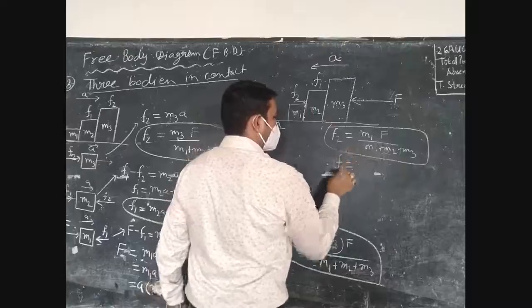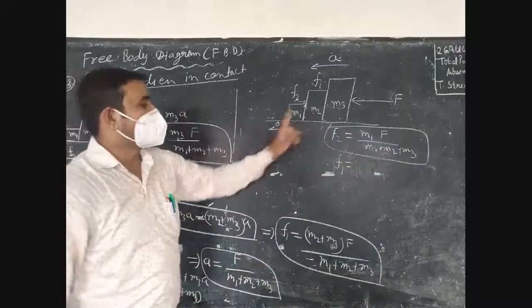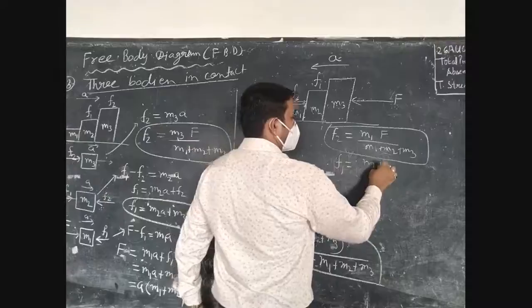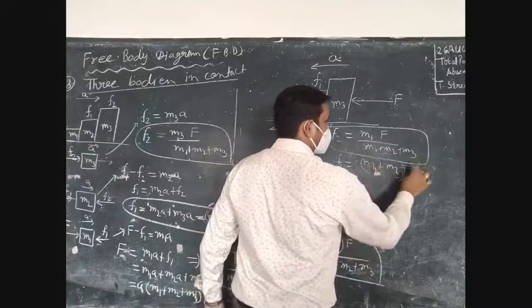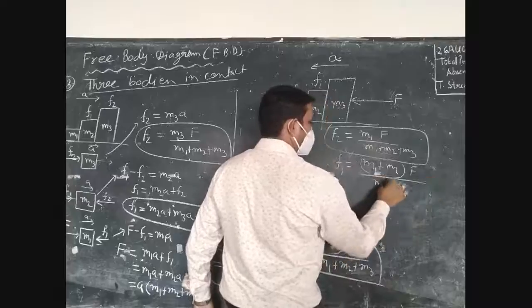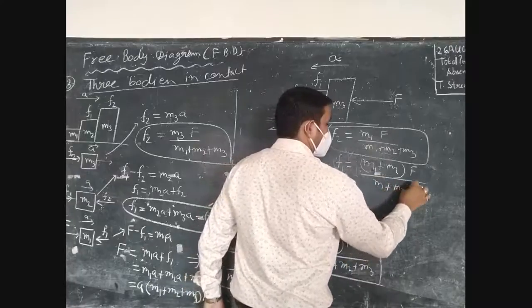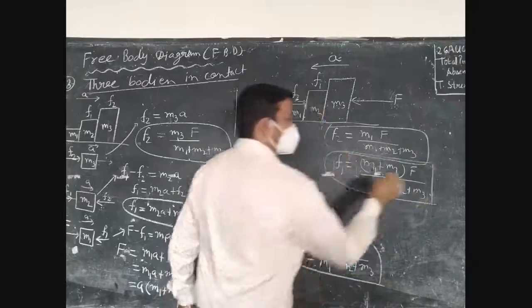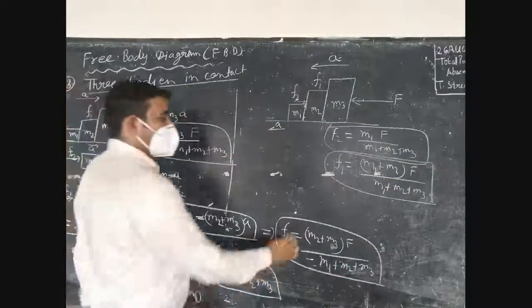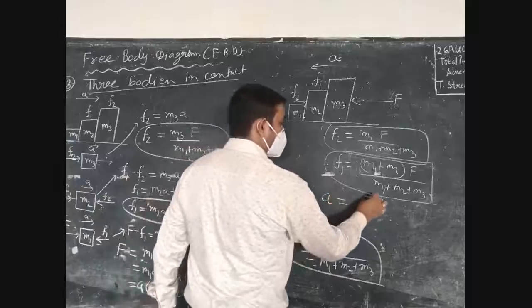When you calculate F1, then after this, M2 plus M3 into F upon M1 M2 M3. This is F1 and the value of acceleration is F upon M1 M2 M3.